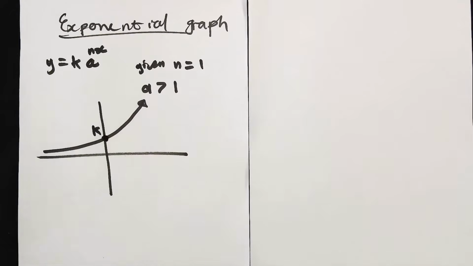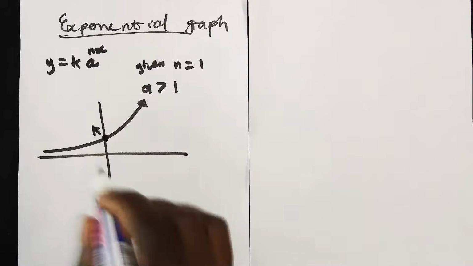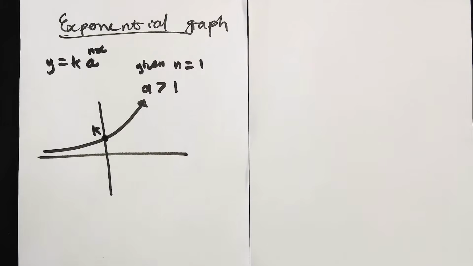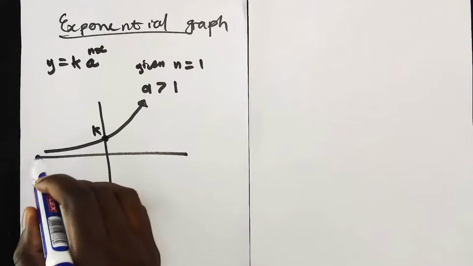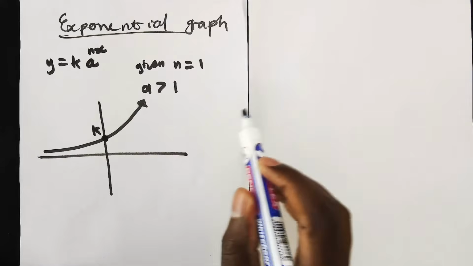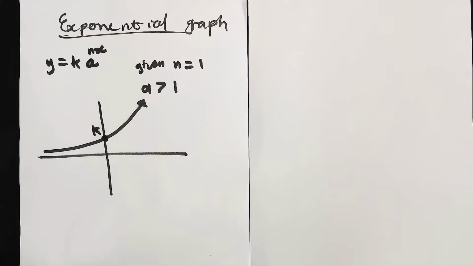So exponential functions are in two forms. I was going to plot them on one axis, so that you see that when you plot, for this one, it will come from the negative x-axis side and then cut through the y-axis and increase to infinity.